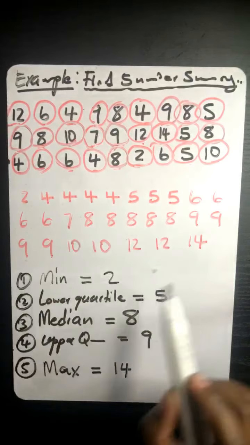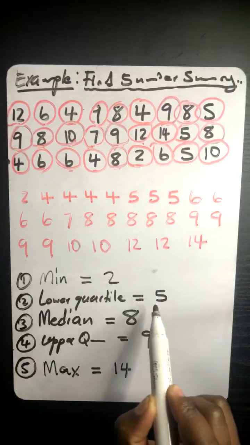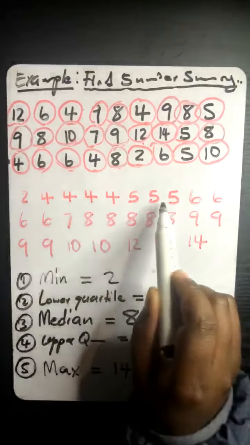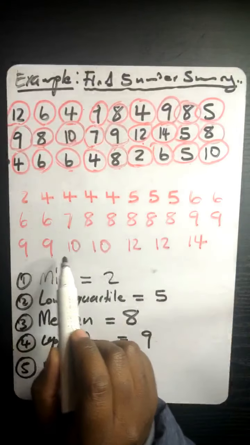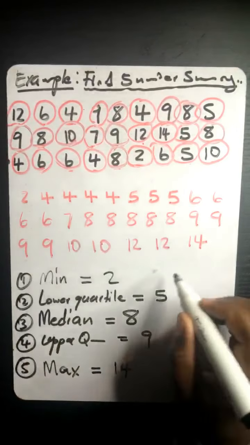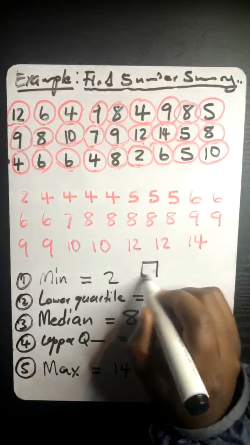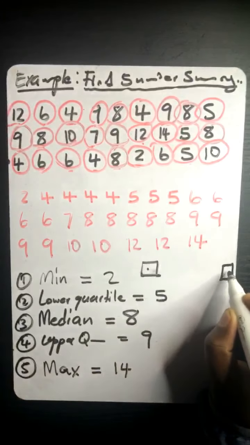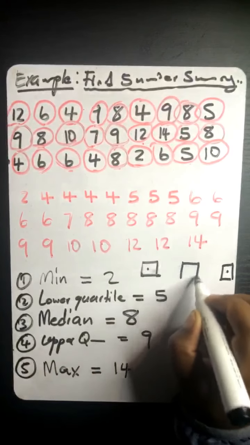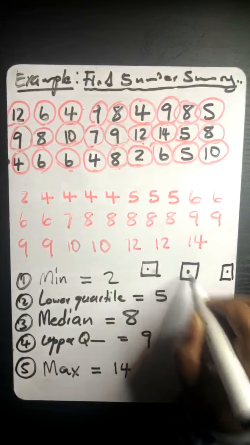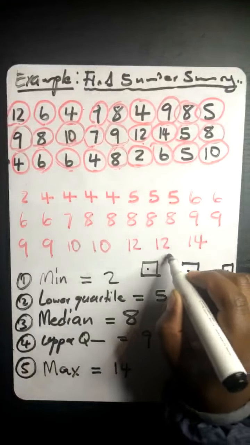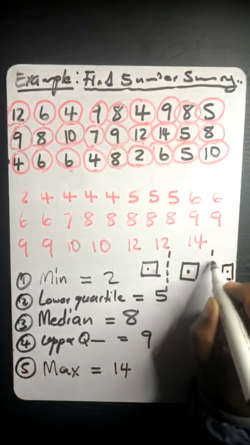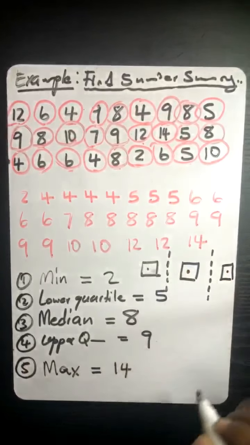Okay, so the lower quartile, whatever you did to get the lower quartile, you do the same to get the upper quartile. Remember, Tumza said it's best if you start by identifying your minimum value, your maximum value, and again your middle value, because this is going to help you find Q1 and Q3.